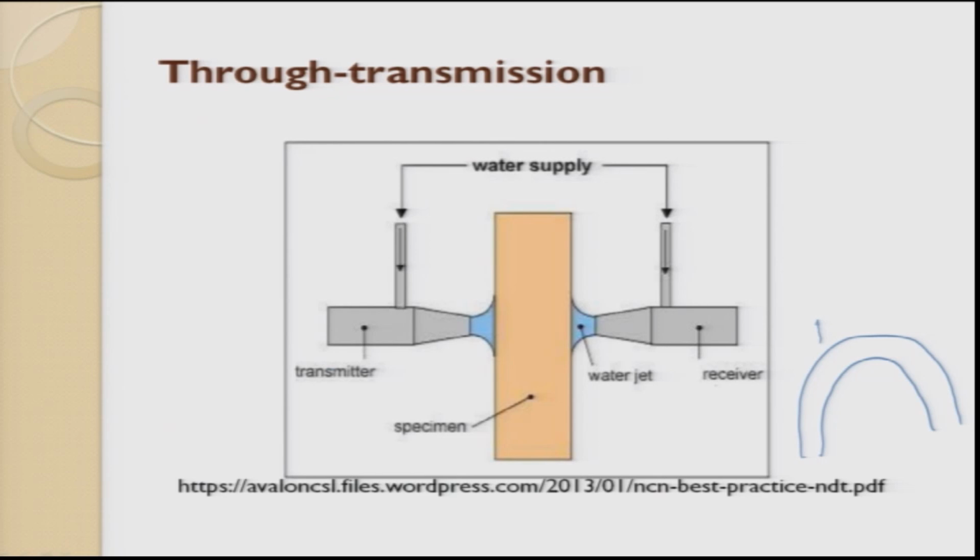The way you keep the sensors, if one is offset by a small distance, okay, then you will have this as transmit, this as receive. If there is a small offset between the two sensors, then it will give you a fictitious result, where it is very hard for you to find out whether it is a defect or it is because of the offset. So, the advantage is more clarity in the signal. The disadvantage is that access has to be there. Second thing, these two should be almost on the same axis. If they are offset, then that gives you a different result.